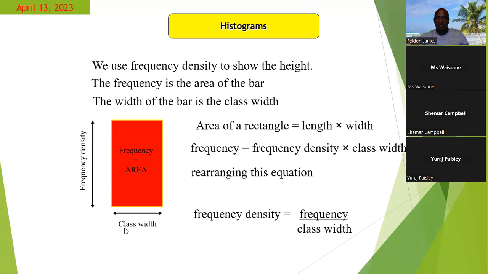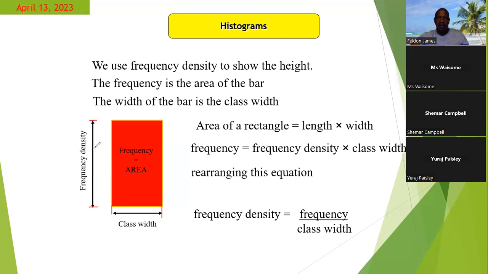You follow what I'm saying? So if you multiply the class width, because this is a class width, you know, the class width is actually the width of the bar, and the height of the bar is the frequency density. The area of the bar would be the length times width.